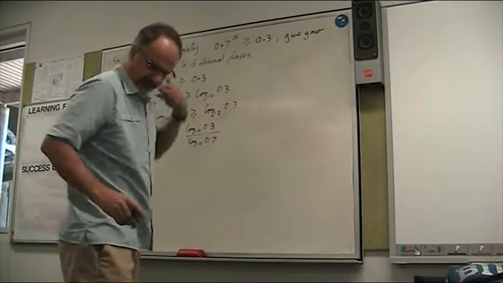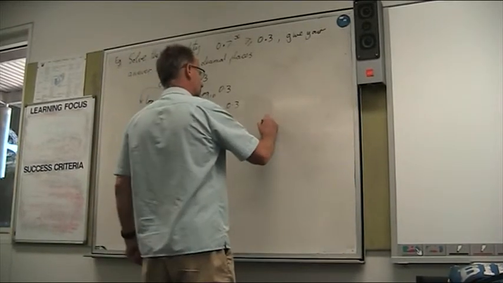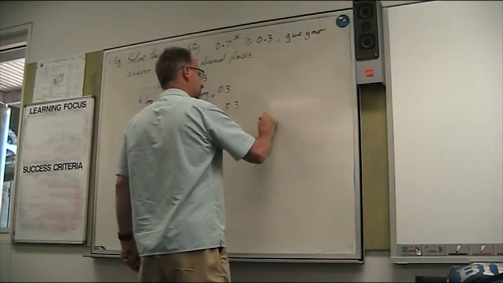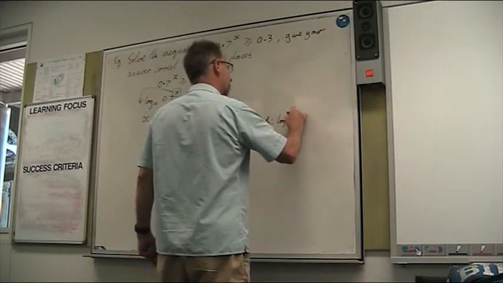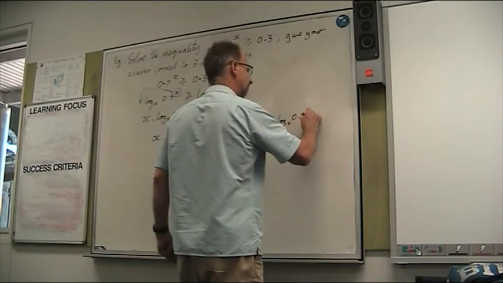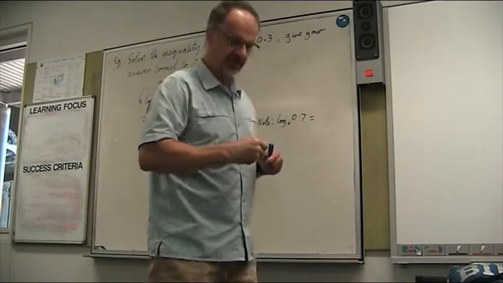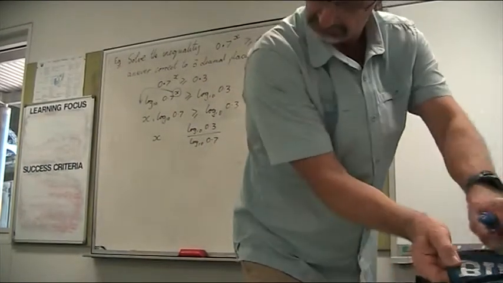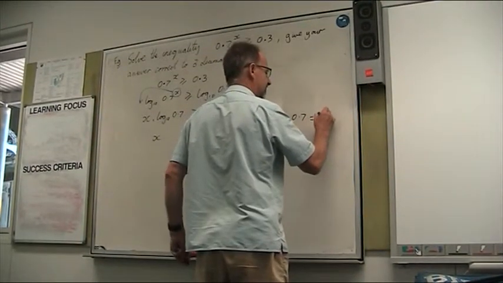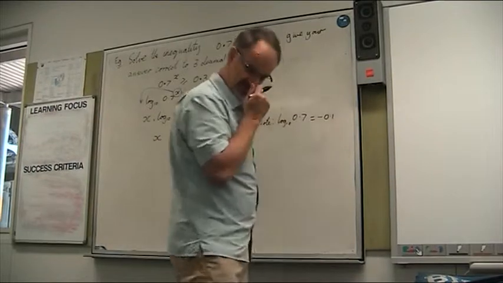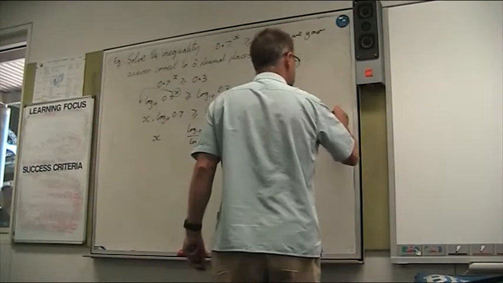Now, this is something you've got to keep in mind. Log to the base 10 of 0.7, to 3 decimal places, is negative 0.154.